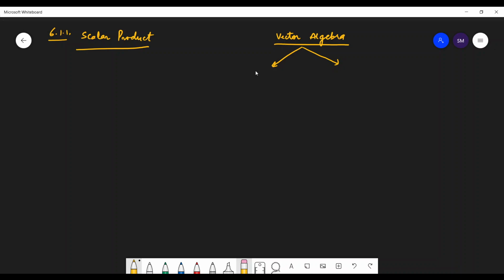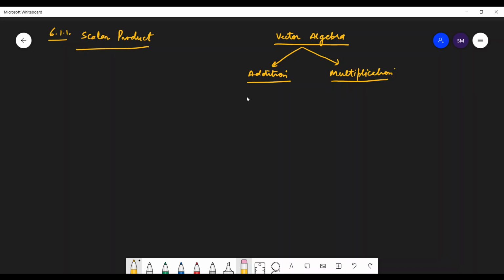Addition, or subtraction also. Now addition: we know that this is vector A and this is vector B, and this is the resultant, because we are joining the vectors head to tail. So this is the triangle law.